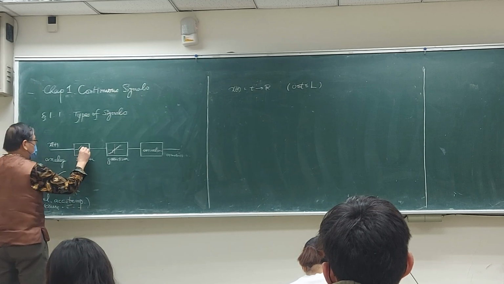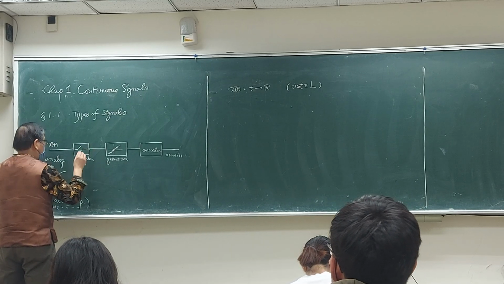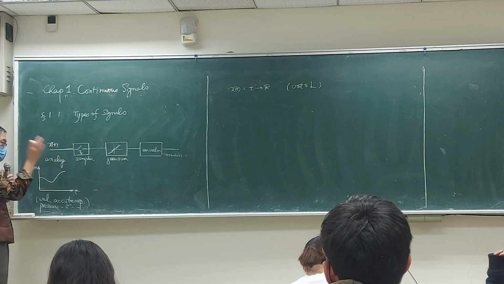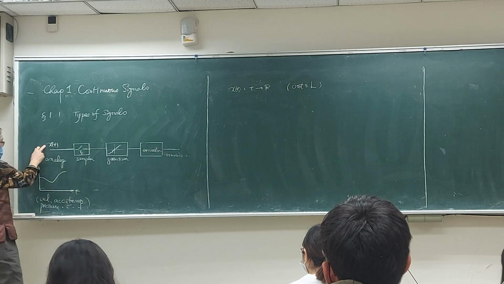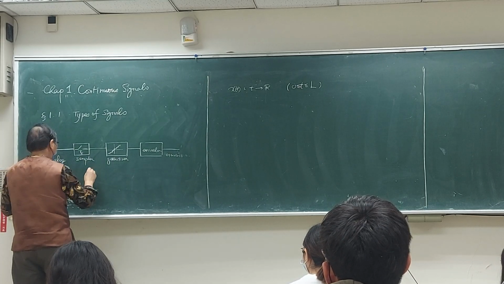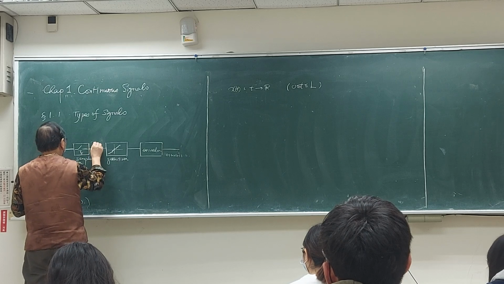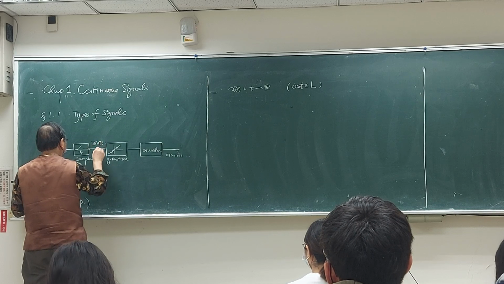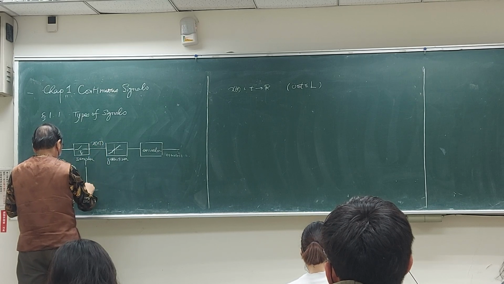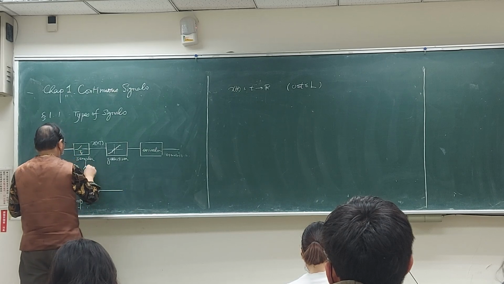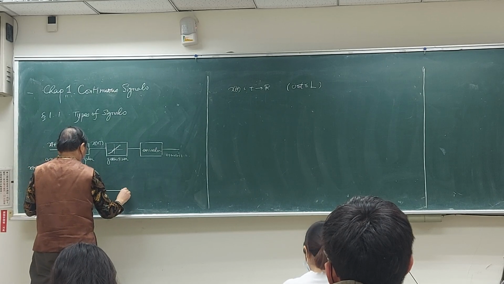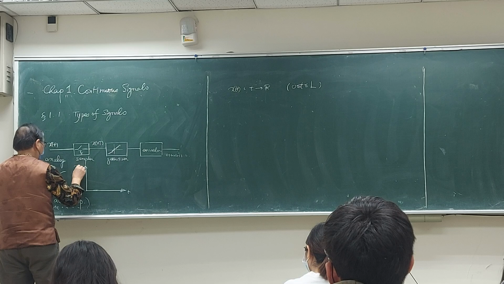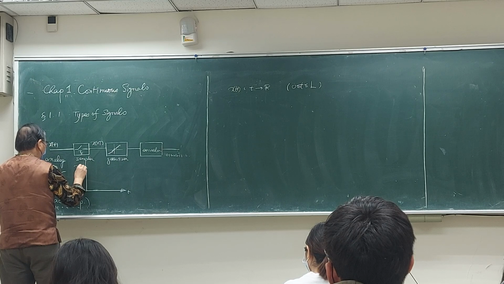And then we go through a sampler. Okay, so we are going to take samples. We are going to measure those analog signals. So we have a sampled signal, x(nT). So let me put this to set. x(nT). Yeah.